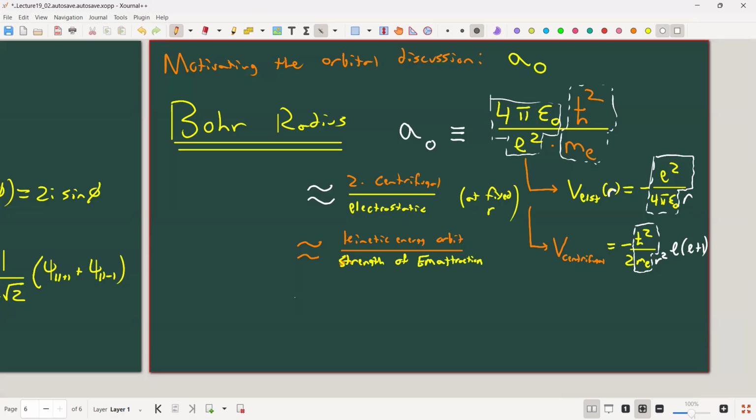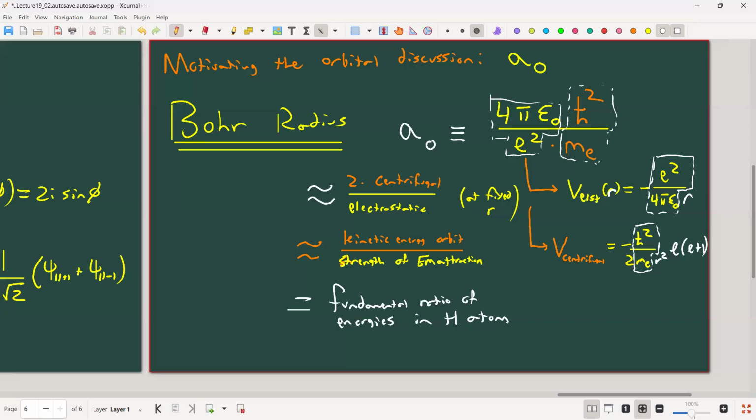So you can kind of think of this as the fundamental ratio of energies in the hydrogen atom. And that turns out to give you a length.